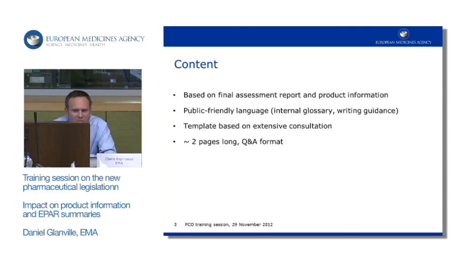In order to write the summaries using public-friendly language and to make sure that this is done at a level which is consistent between different summaries, we have a number of tools, including the main one, which is a rather large glossary that we've developed in-house of medical terms expressed in lay language, and which we're constantly adding to. We also have a writing guide.